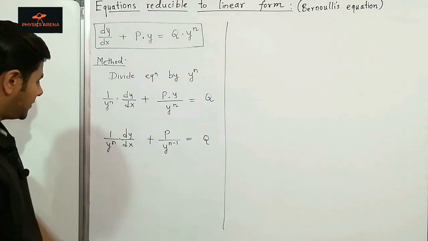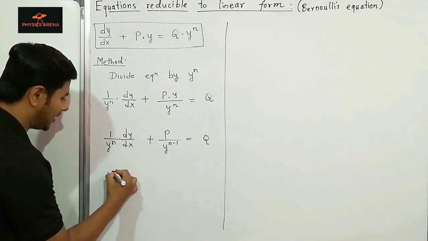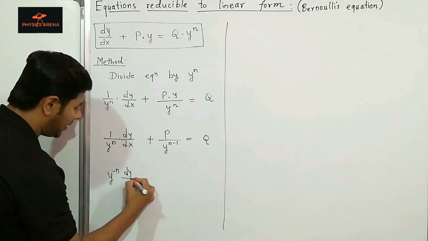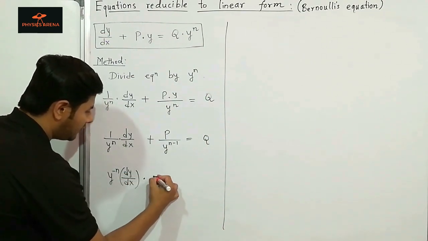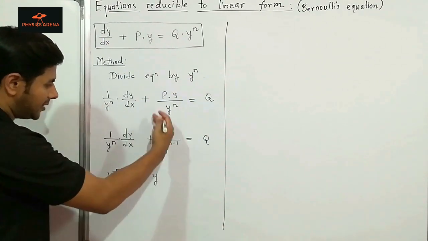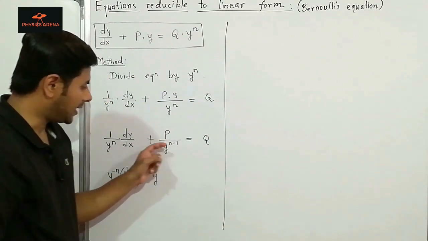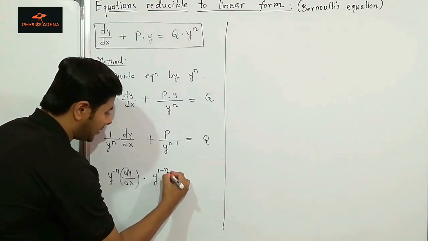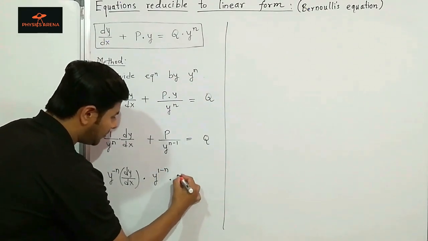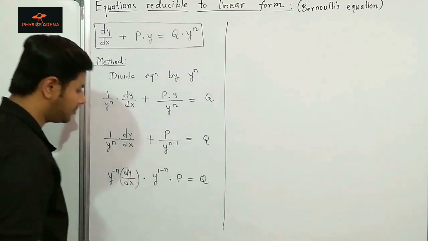Then we can rewrite this as y raised to minus n dy by dx multiplied by y raised to, if I take this in numerator, the sign will be reversed. So I have 1 minus n multiplied by p equals to q.